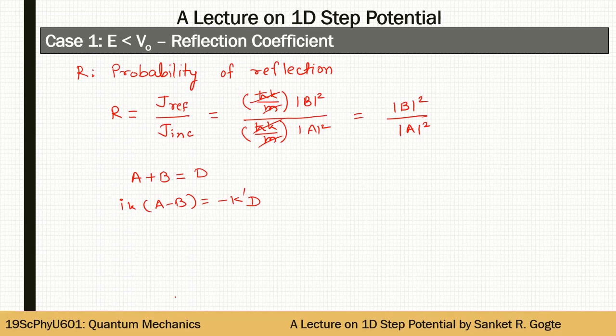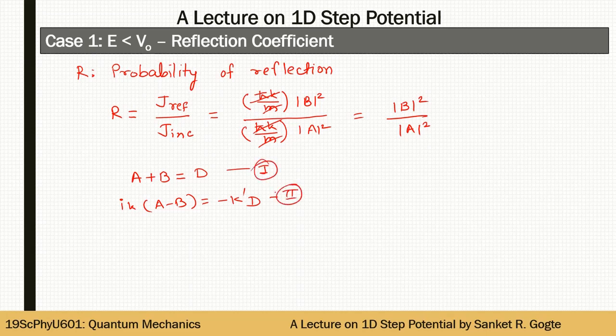Now I have to solve these two equations to obtain B in terms of A, and for that I'll use the first equation and plug in D as A plus B. So this is the first equation, this is the second equation.